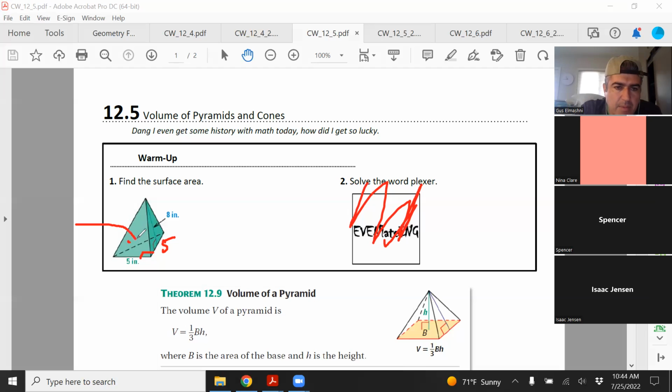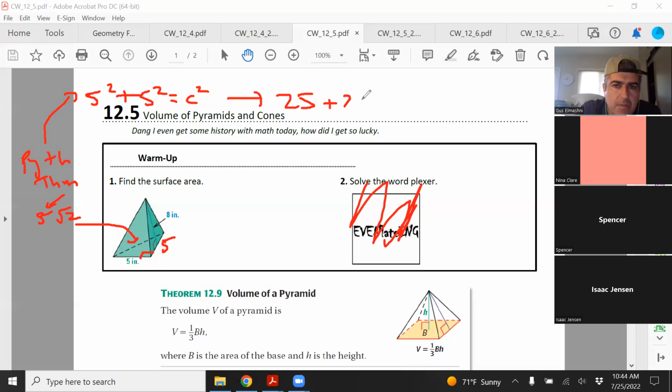That right there is going to be 5√2, just using the Pythagorean Theorem. You do 5 squared plus 5 squared equals c squared. So c is √50, which will reduce to 5√2.